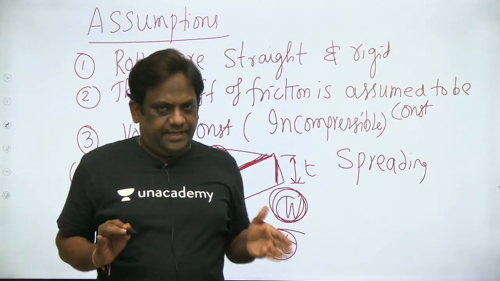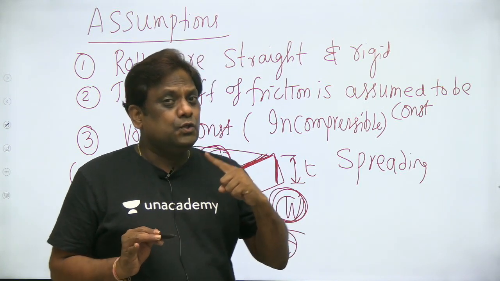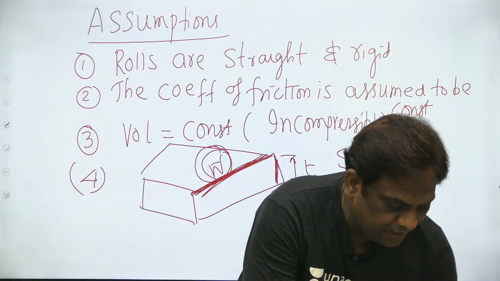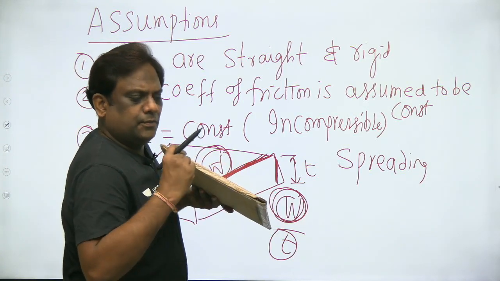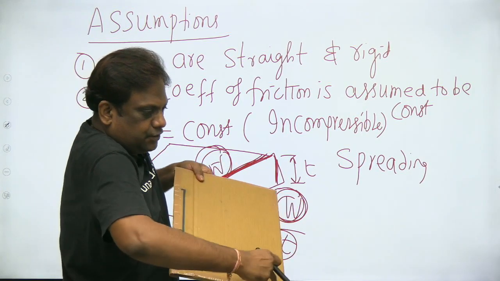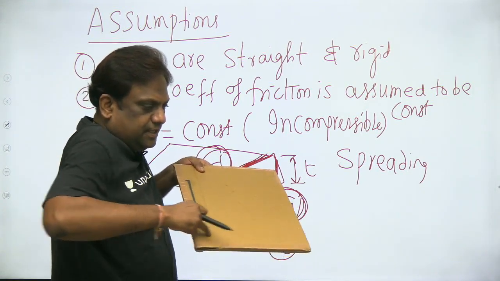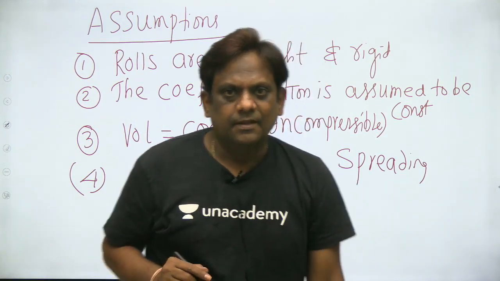So what I assume is there is no change in width. If you see, my dear students, this is the thickness, which is very small, and this width is very, very large compared to my thickness. Excellent.